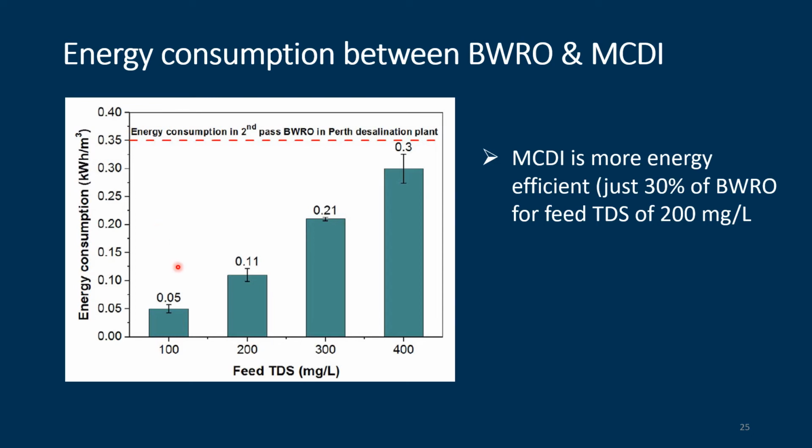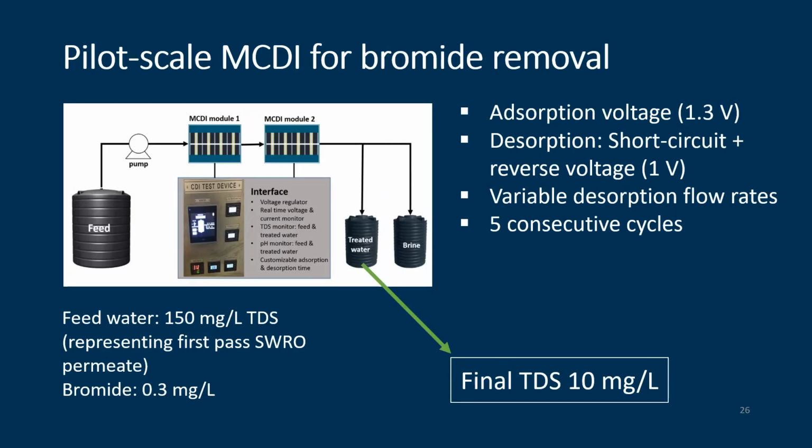When you use MCDI, with a TDS concentration of 100 it is 0.05 kilowatt hour per cubic meter, and at 400 milligram per liter, 0.3 kilowatt hour per cubic meter, so the MCDI is more energy efficient. For a feed TDS of 200 milligram per liter, just 30% of the BWRO energy can be achieved using MCDI technology.